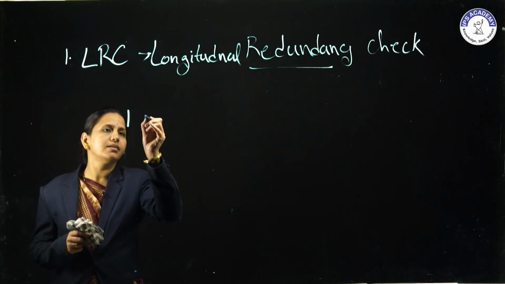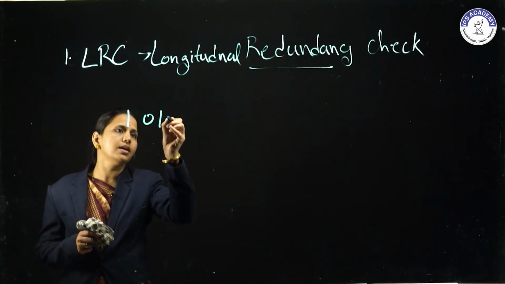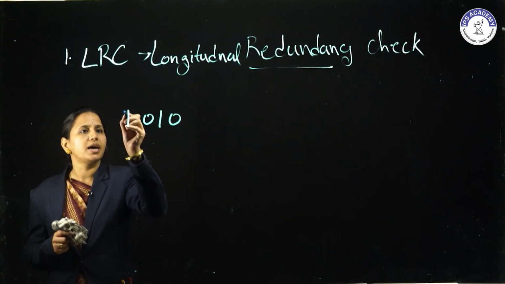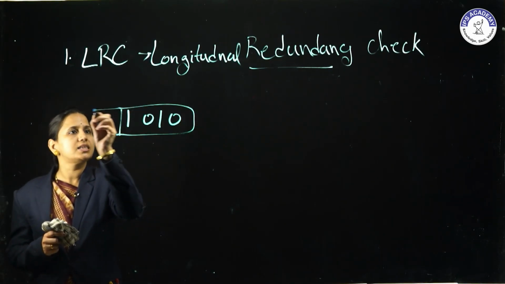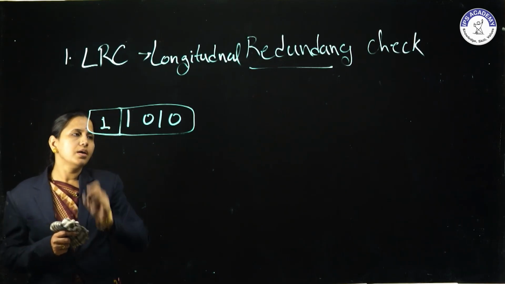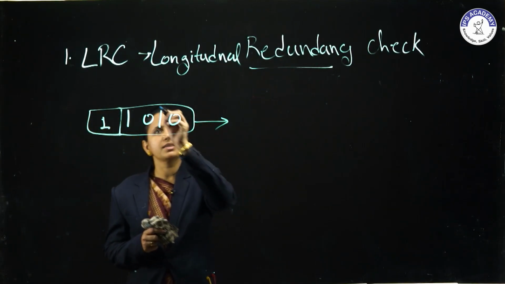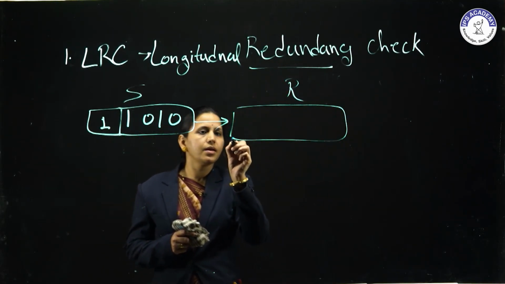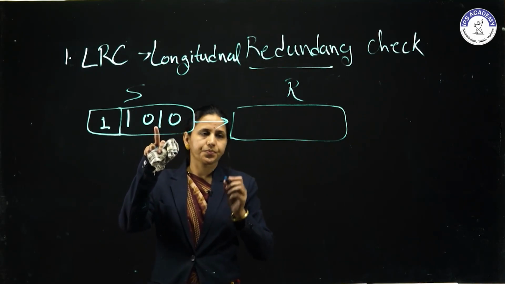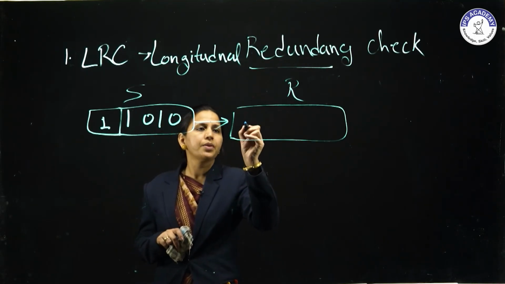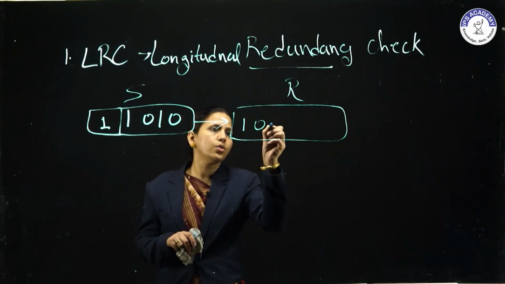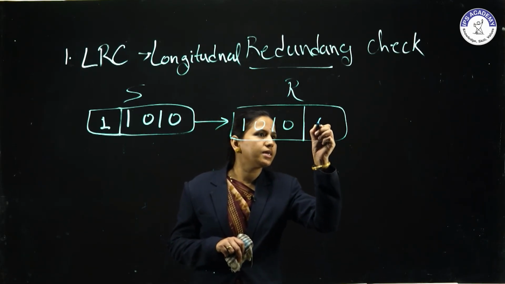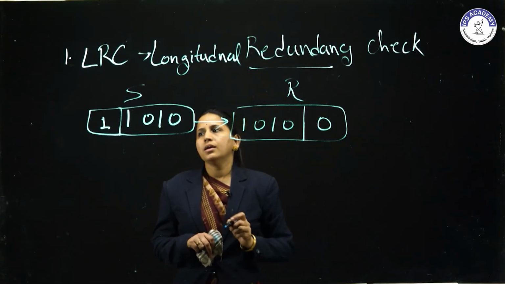For example, the sender sends 1 0 1 0, and by using the concept of VRC, the redundancy bit is 1. Now at the receiver side, let's say the receiver received 1 0 1 0 and this is 0.